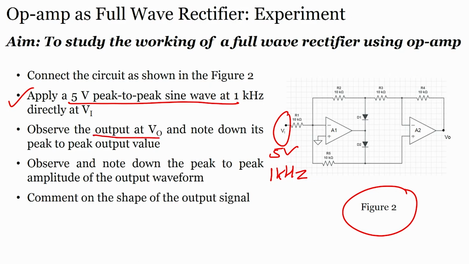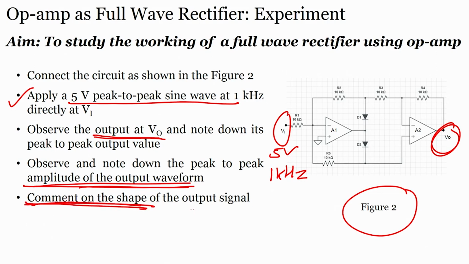Observe the output Vo, and we will note down the peak to peak voltage value. At the same time we will observe the amplitude of the waveform. We also have to observe the amplitude of the waveform, and then finally, as usual, we will comment on the shape.